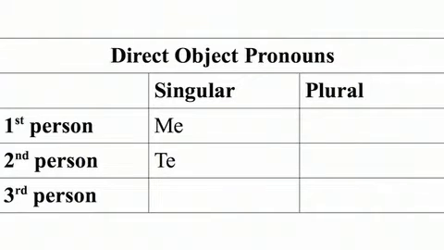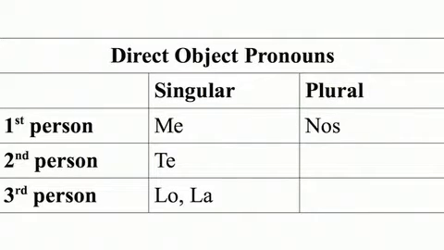So, for singular masculine of any of those people or things, you will use lo. And if it is singular and feminine, you're going to use la. It just depends on the gender of the object. Now, moving on to the plural side. If Selena sees us, you would replace it in Español with nos, a nice shortened version of the personal pronoun nosotros.